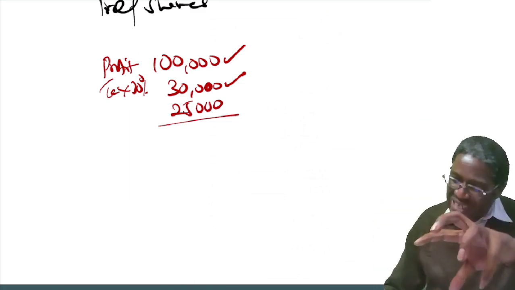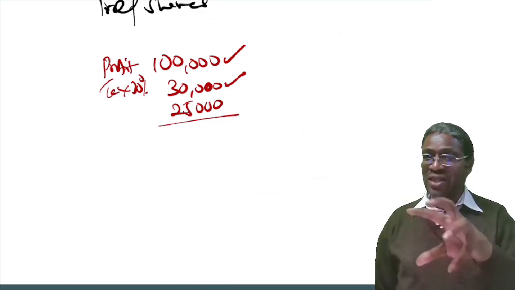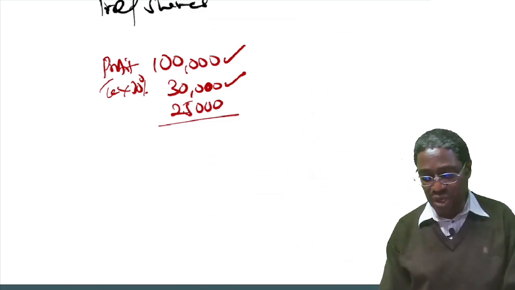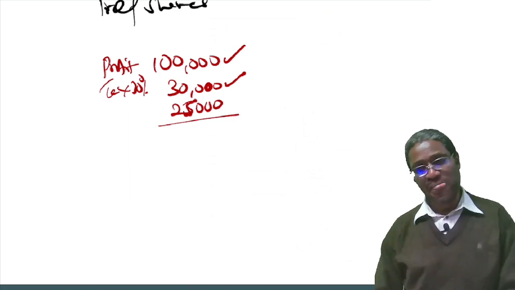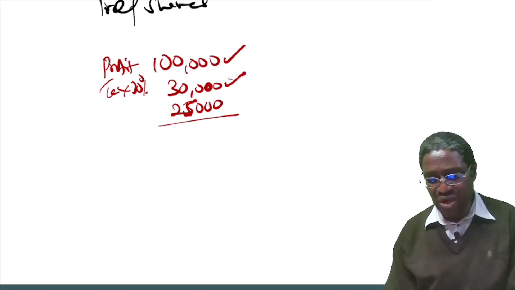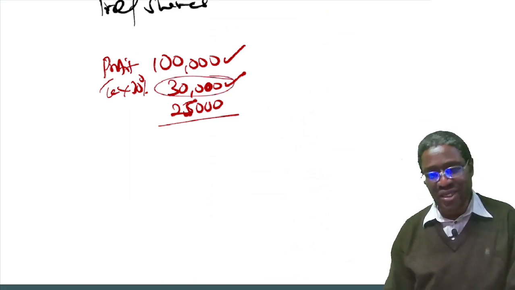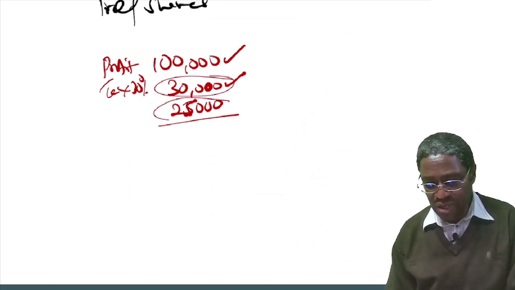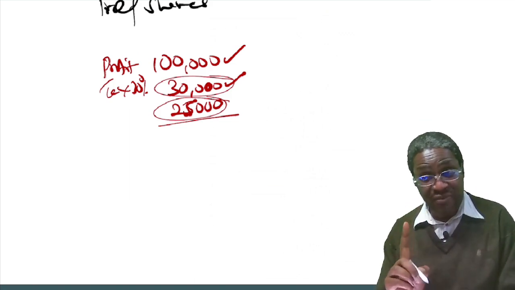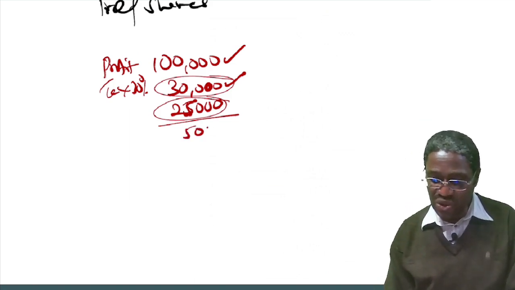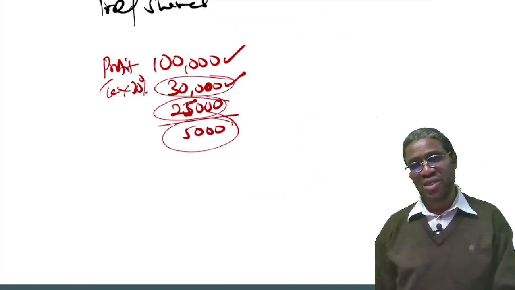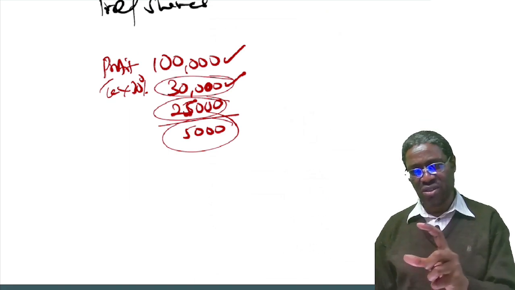He calculates his profit, then takes 30% of that profit and says, now pay me 25. While I thought as a businessman I'd be required to pay 30, the taxman is saying pay me 25 this year. There's a difference between mine and his of 5,000.